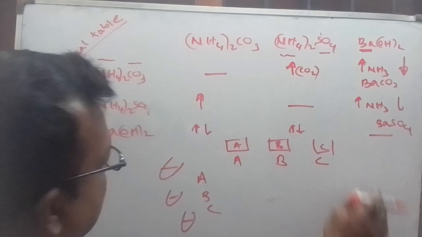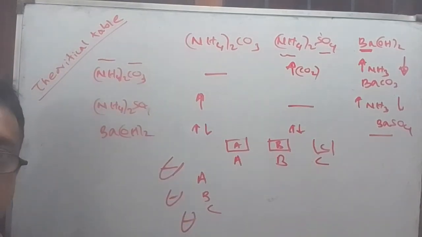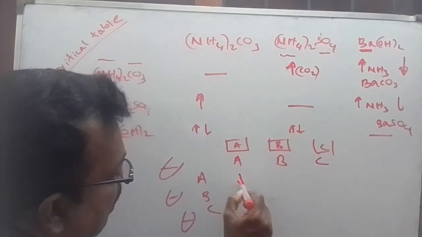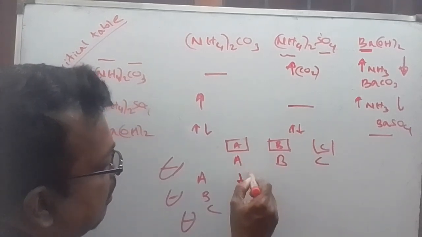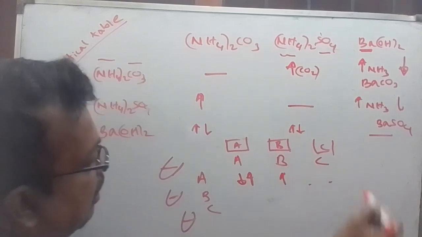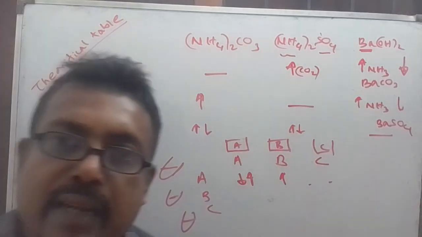So these are the beakers, and these are in the test tubes. Now you can mix them and write the practical observations. You may have precipitate, gas evolution, or gas evolution only, right? You can write like that.